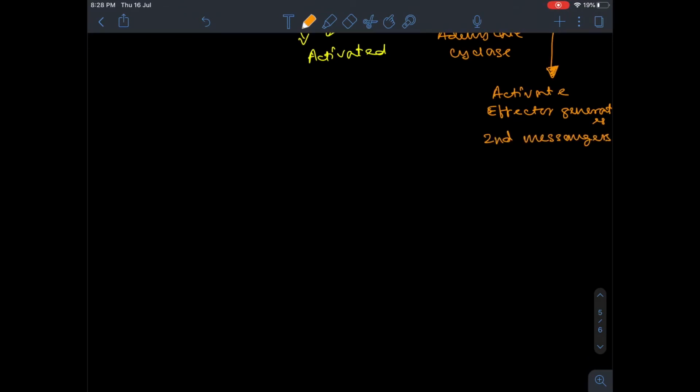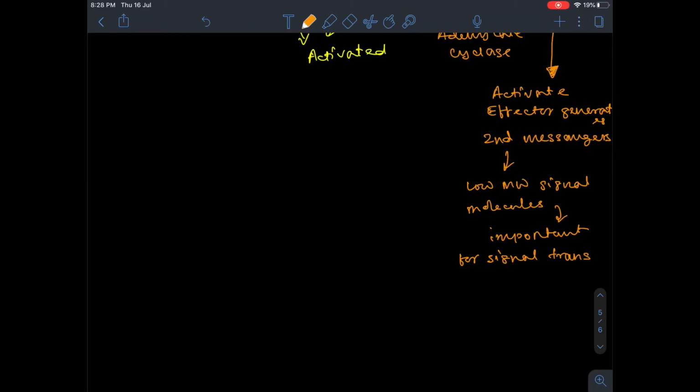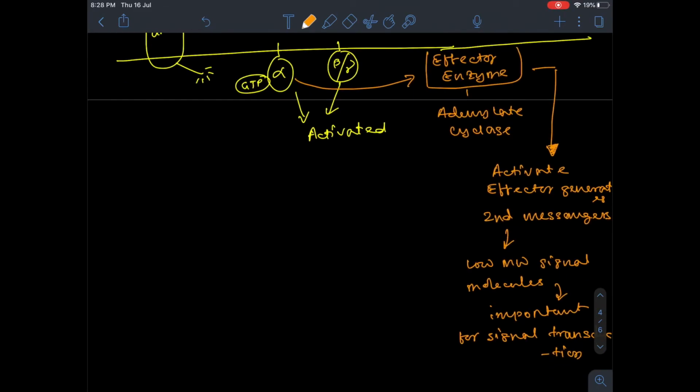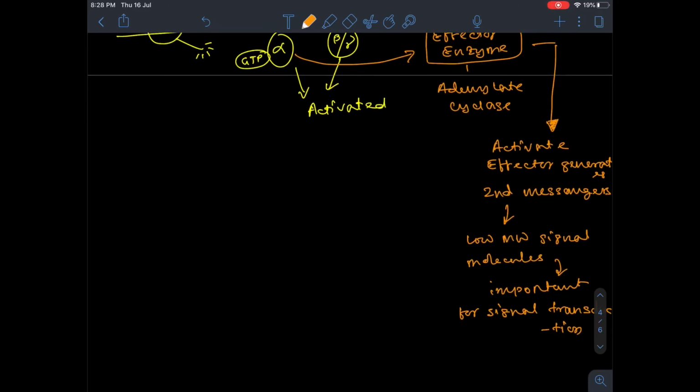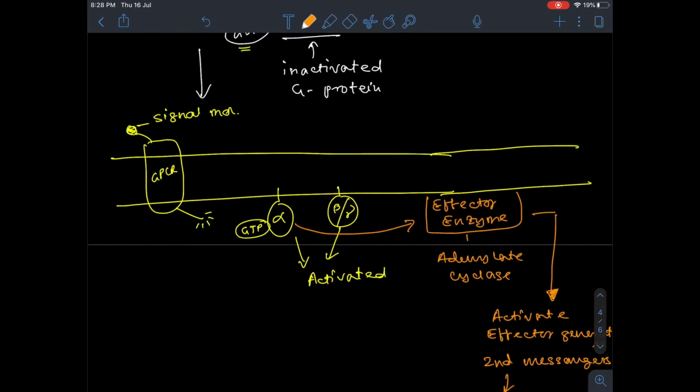Hope you all know what secondary messengers are. They are basically low molecular weight signal molecules which are very important for the signaling cascade or signal transduction, right? So this is a basic idea about the mechanism of GPCR.